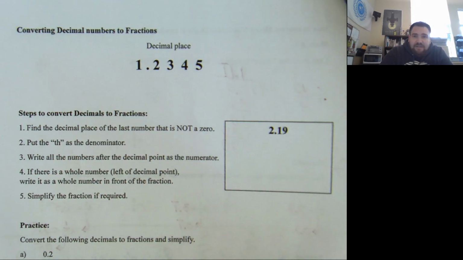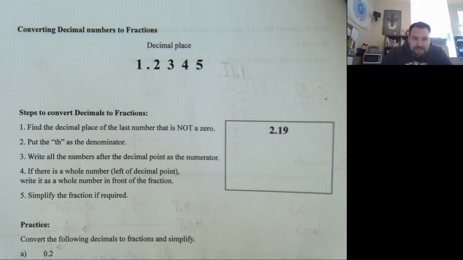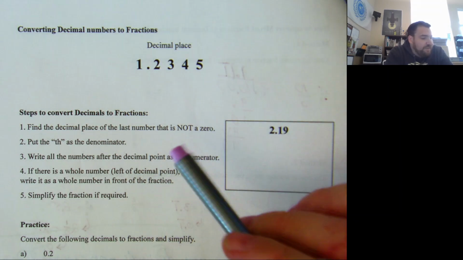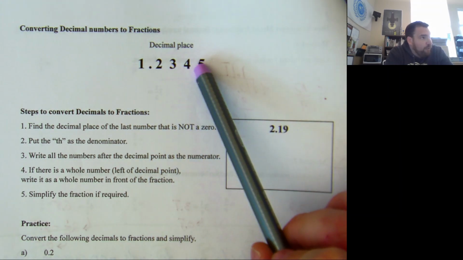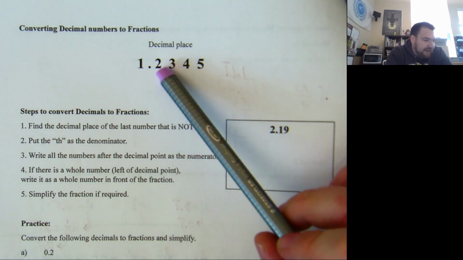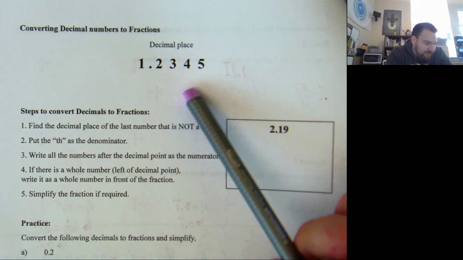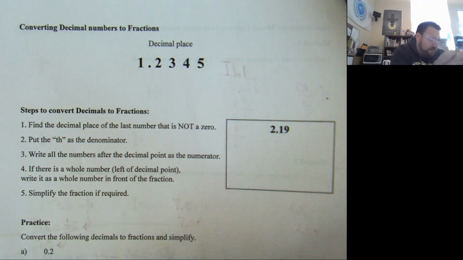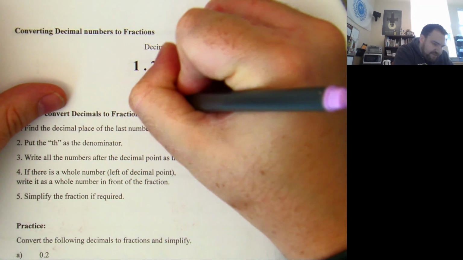Here is a relatively simple technique for doing so. We looked at this already. Each one of these decimal places represents another tenth, right? So I've got the tenths, the hundredths, the thousandths, the 10,000ths. These are tenths.